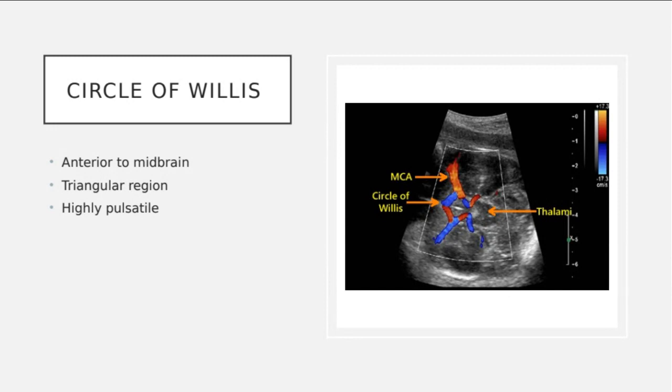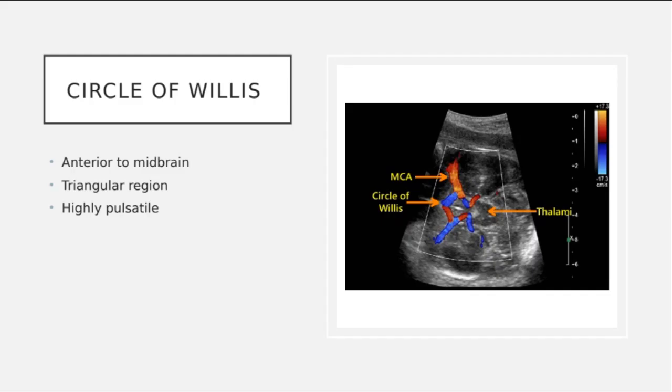So if the baby has that intrauterine growth restriction, we can Doppler that MCA to see what that velocity is doing. If that velocity is too high, is that baby not getting enough blood supply to the rest of their body? If that velocity is too low, are they not getting enough blood supply to their brain? Is that why something's not growing as much as it should? So we usually only go up to the circle of Willis if we're questioning the MCA for IUGR purposes.